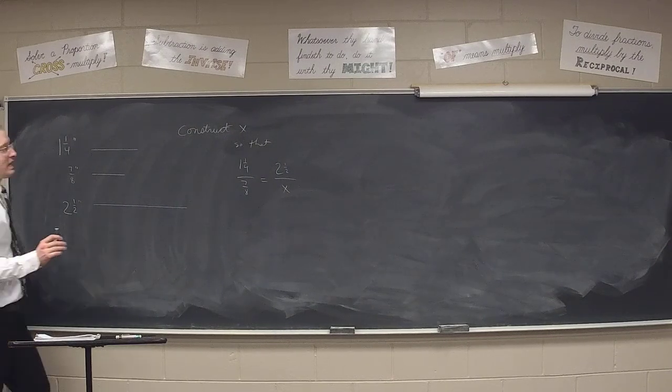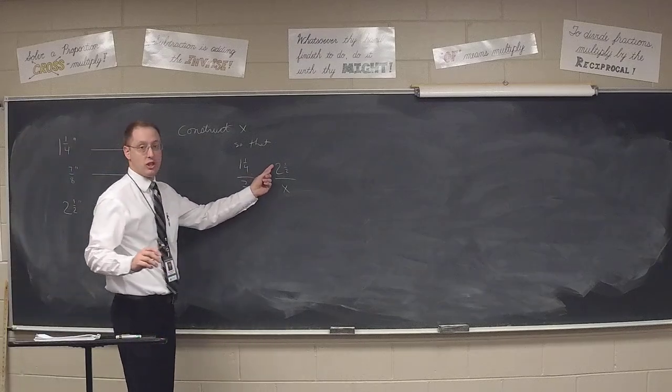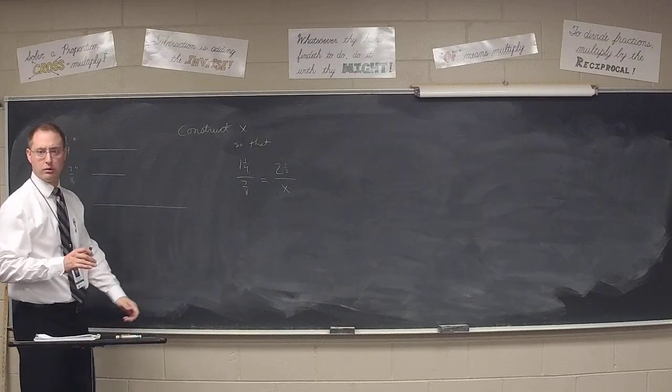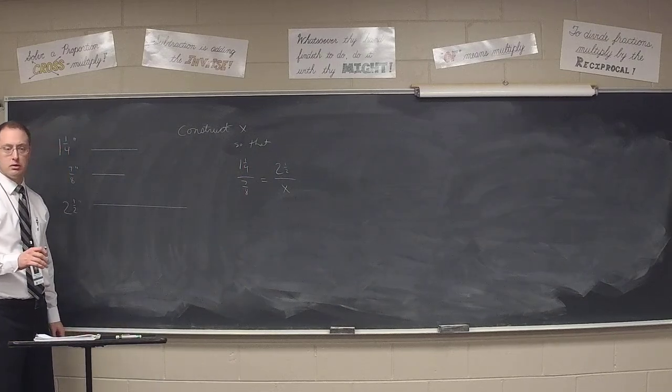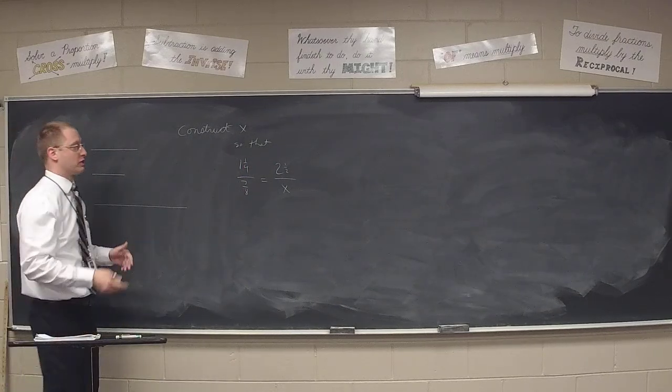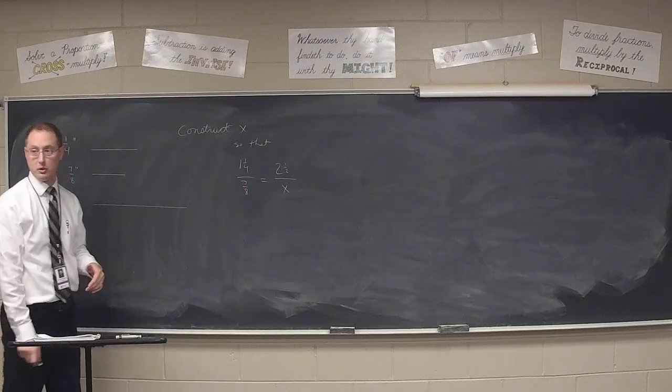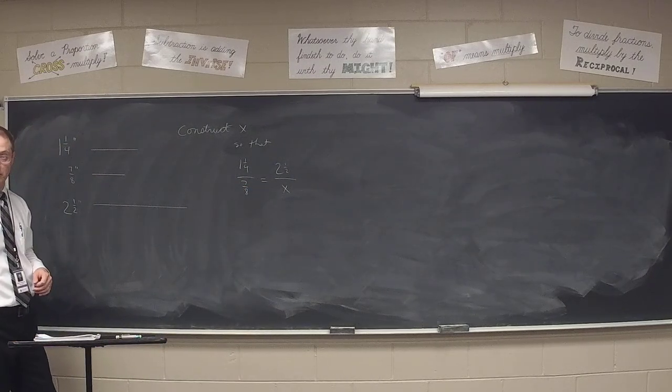Now realize, if the x happens to be in the 3rd spot for some reason, what would I do? Invert both of them, inversion, transformation. What if the x were in the 2nd spot? What would we do? Rotate and flip?